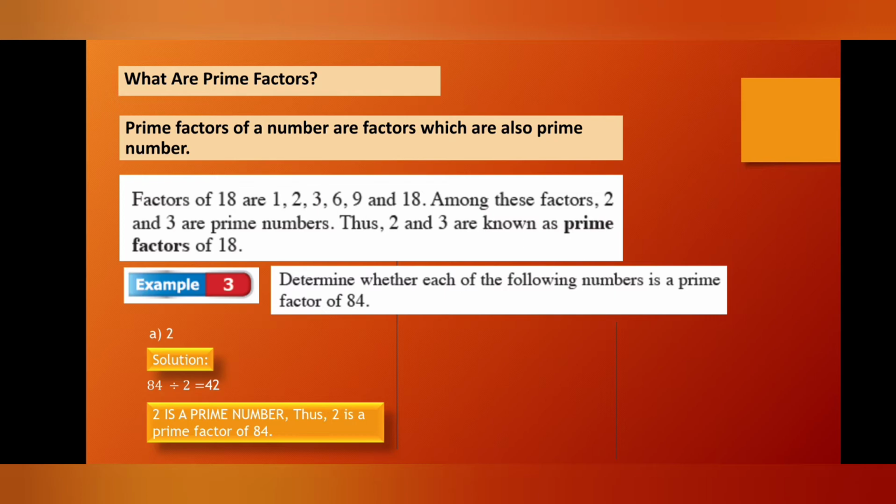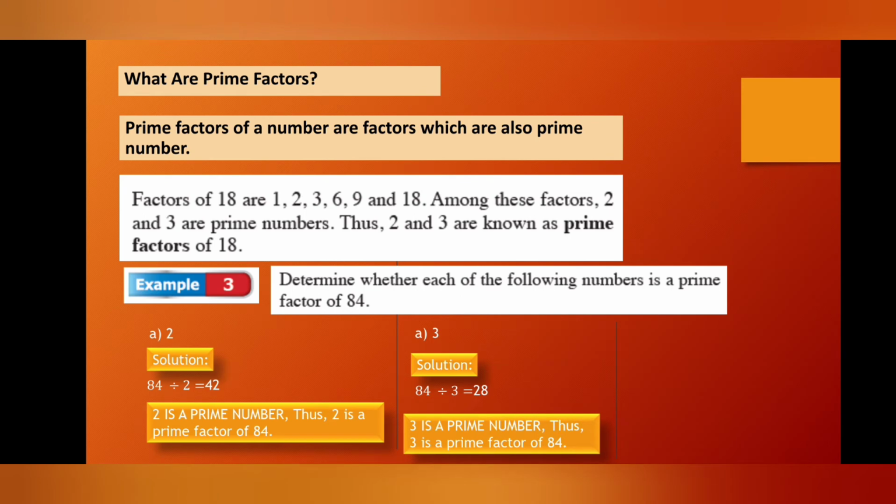Thus, 2 is a prime factor of 84. B. 3. Solution. 84 divided by 3 equals 28. 3 is a prime number. Thus, 3 is a prime factor of 84.